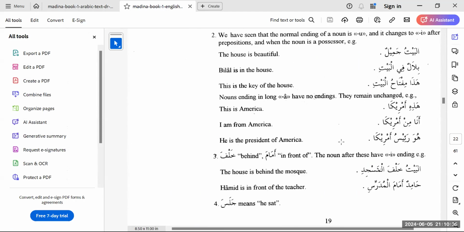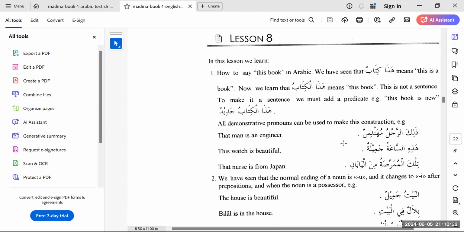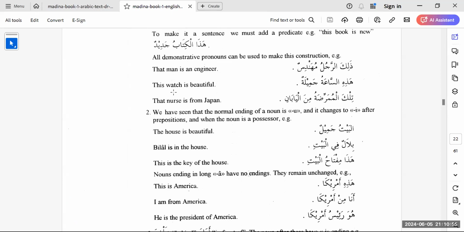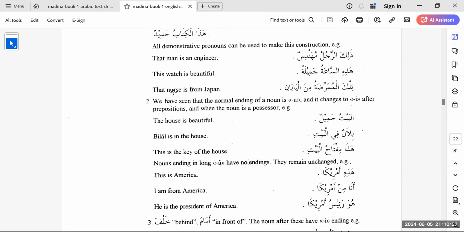Just let me see what the plan for this lesson is. So what do you guys see right now? Can I ask? You see the English Medina book? Yes. Okay. So over here, we've learned how to say this is a book.